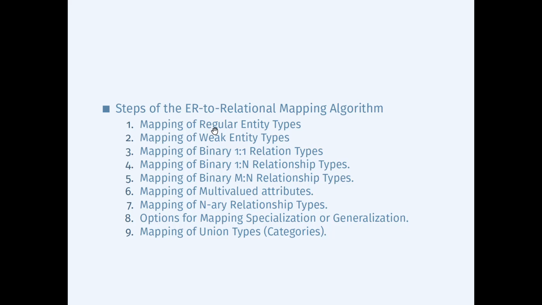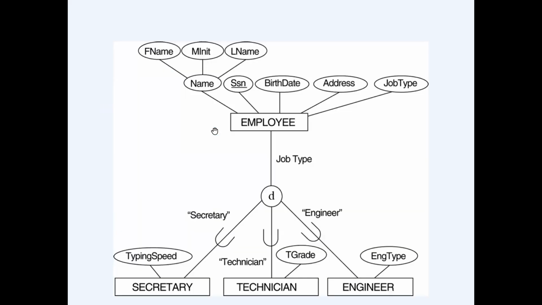Tell me what are the ways of converting this into relations or tables? So here is my first question. I earlier described this. We have an employee entity type. Then we are going to specialize as secretaries, technicians, and engineers. So how are you going to convert this high-level modeling diagram into a logical diagram, which creates the relations?